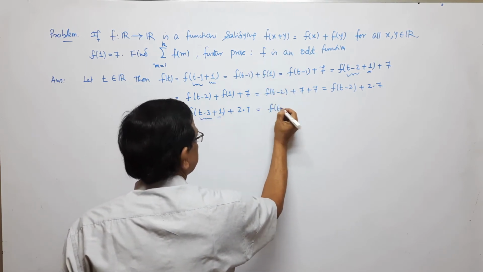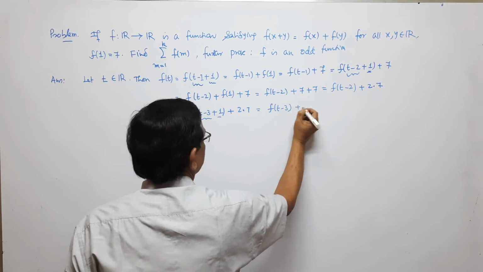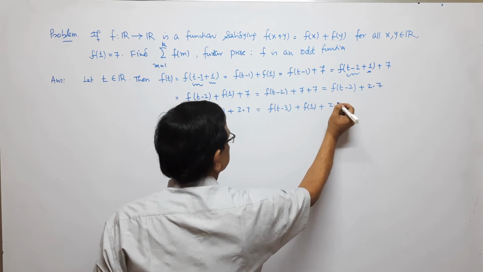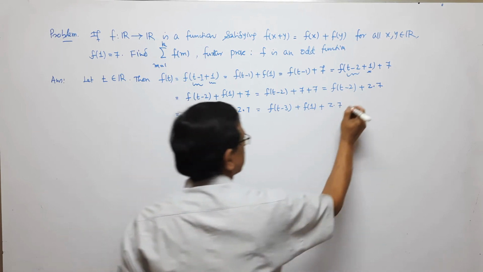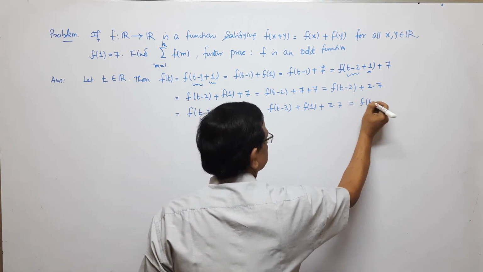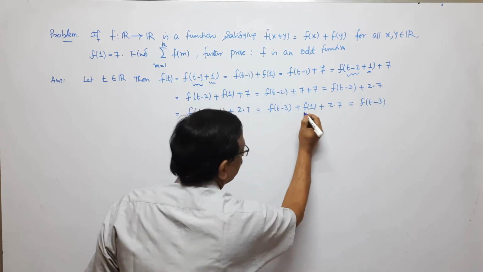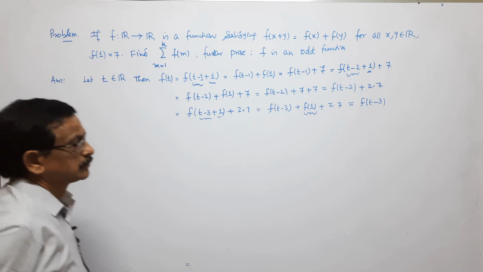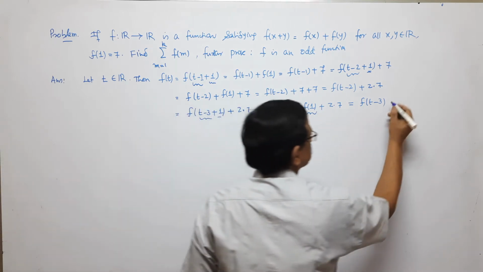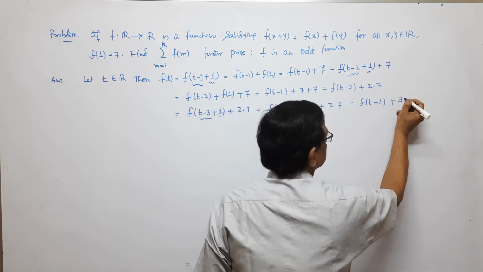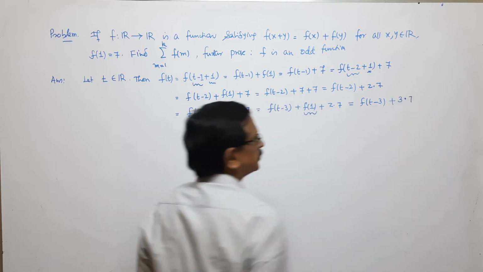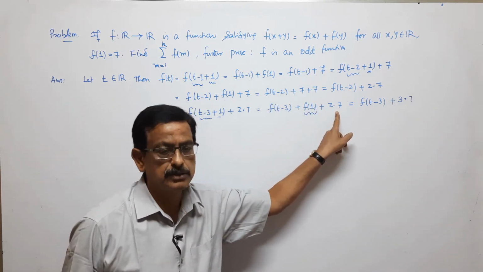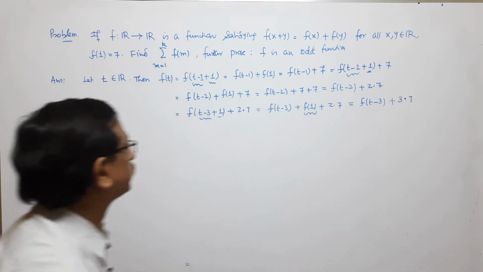So this becomes f of t minus 3 plus f of 1 plus 2 times 7, which is equal to f of t minus 3. Now I have f1 is 7. So 1 seven, 2 sevens, so I have 3 sevens. So 3 into 7.